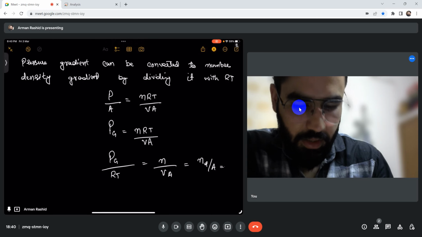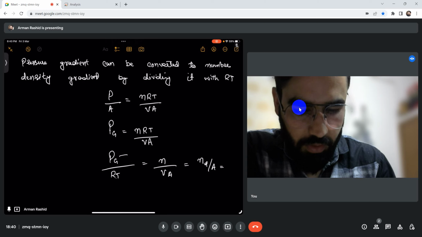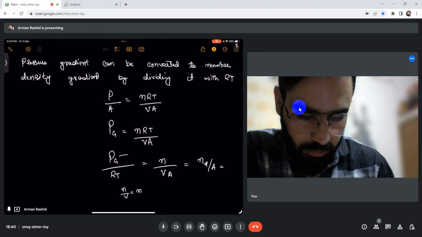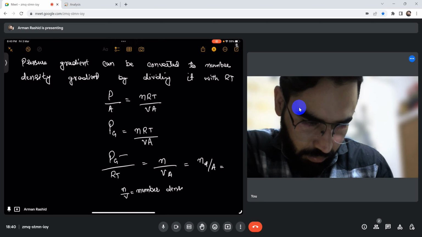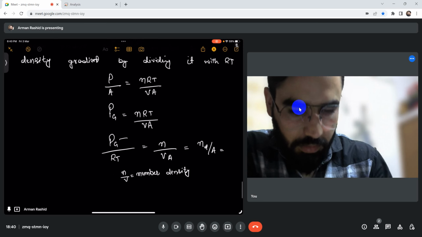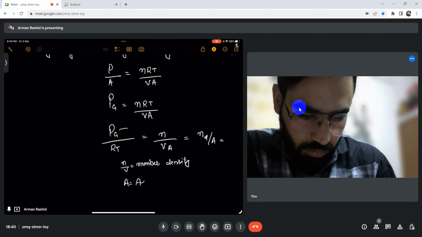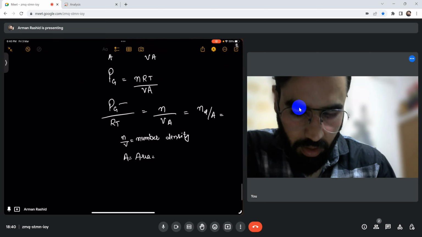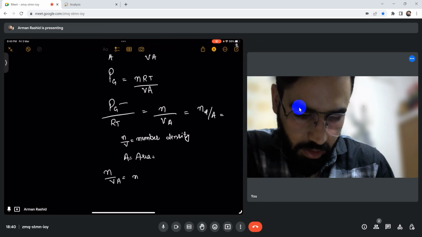If we divide the pressure gradient by RT, n by V is the number density, and A is area. So n by VA will be the number density gradient.